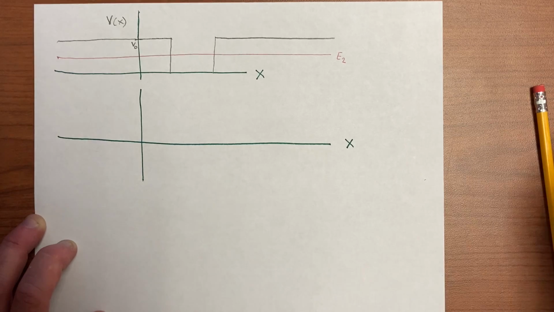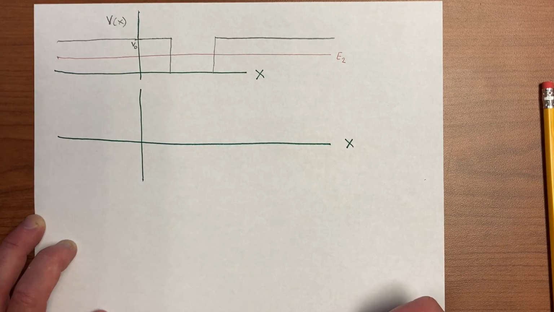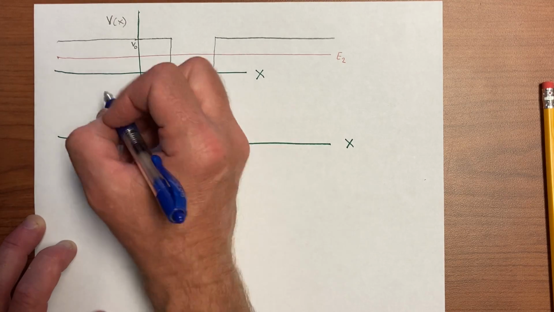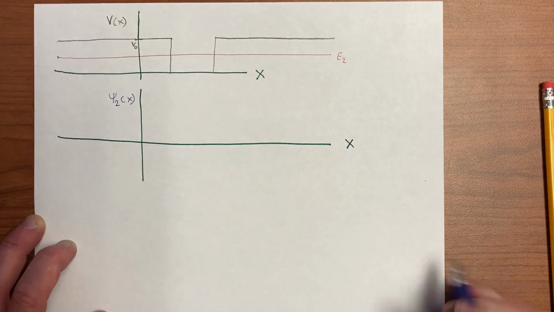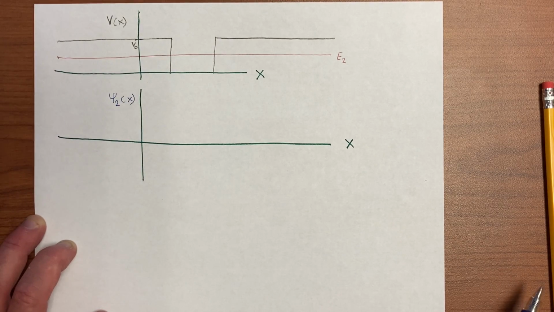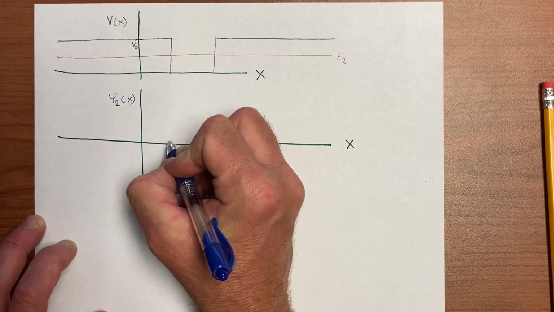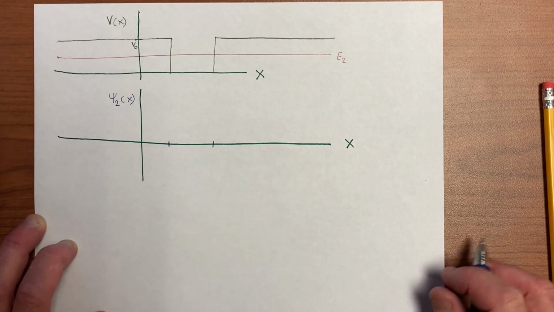So this is x, and we want, terrible drawing on this side, but it doesn't matter, psi 2 of x. And let's take this point, put it there, and that point there.